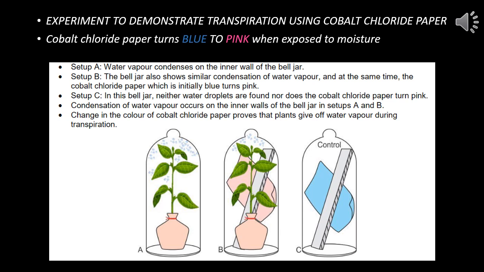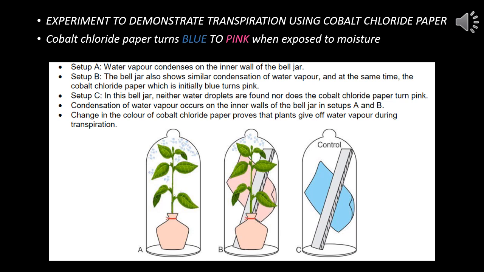And in setup C, neither water droplets are found nor does the cobalt chloride paper turn pink. Condensation of water vapor occurs on the inner walls of the bell jar in setups A and B. Change in the color of cobalt chloride paper proves that plants give off water vapor during transpiration.